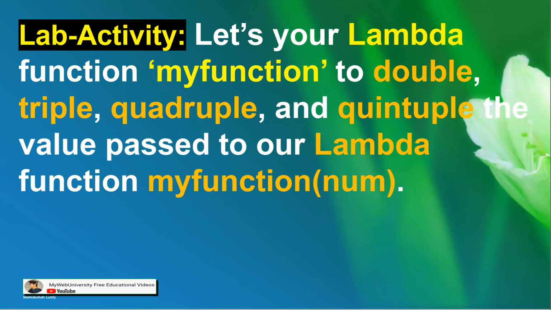Then we're going to call that Lambda function, my function, to double the variable we provided, num being a parameter, to either double it, triple it, quadruple it, or quintuple it.